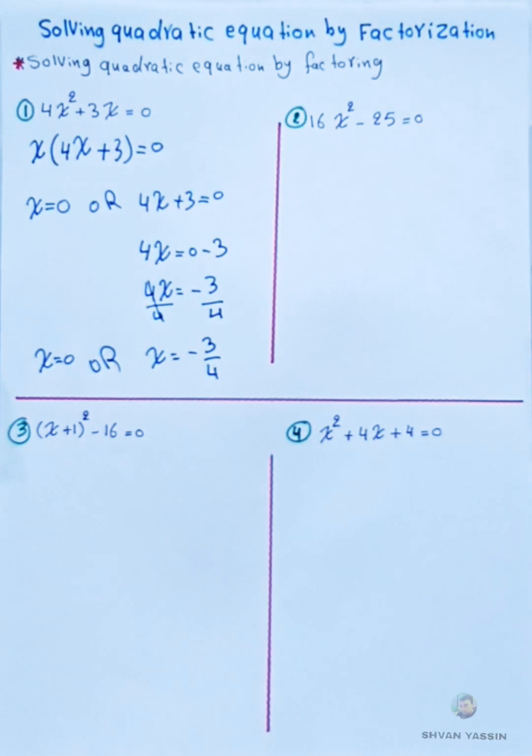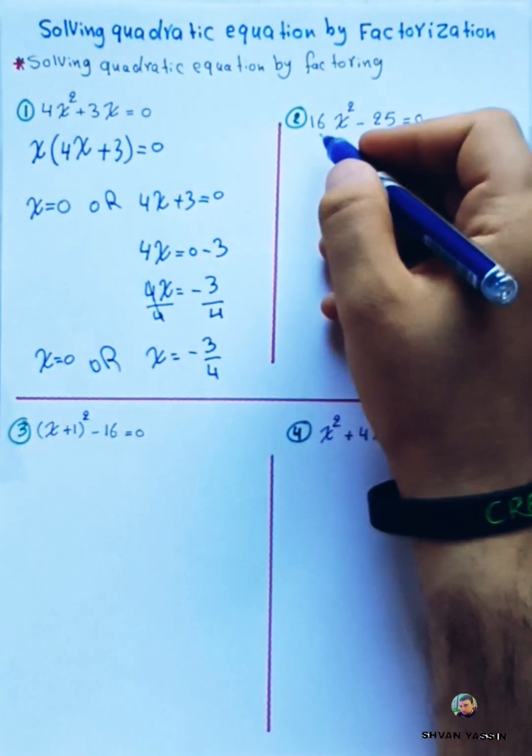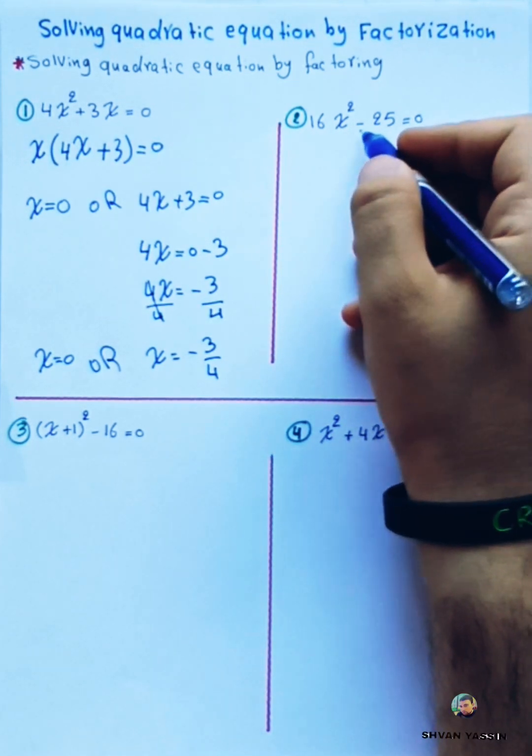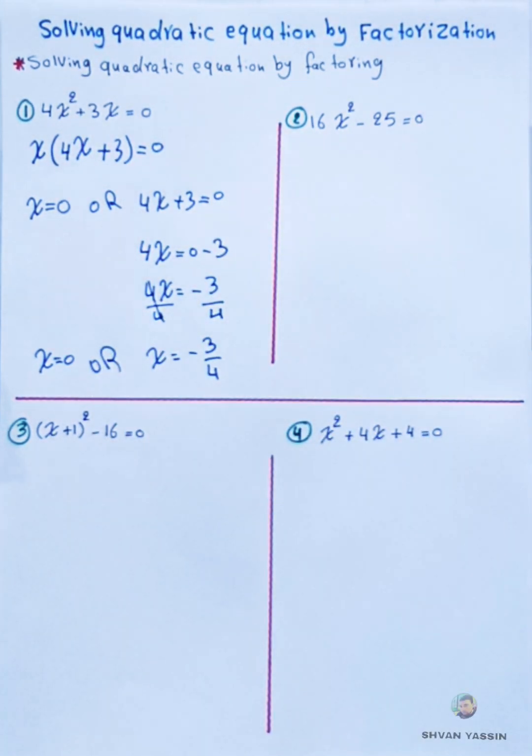The second example, you have 16x squared minus 25 equal to 0. This equation is the difference between two squares, because both terms are perfect squares, and we have to subtract between these two terms. So we can use the rule for the difference of two squares.